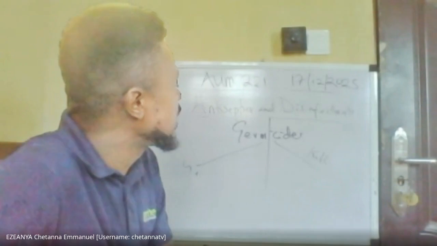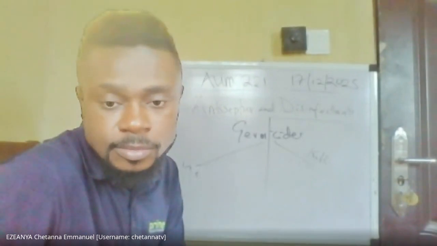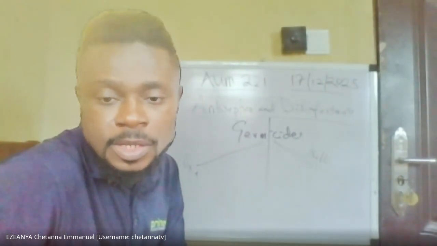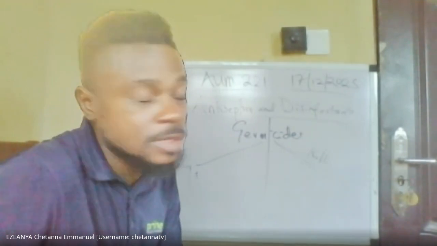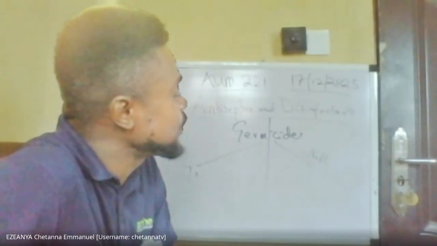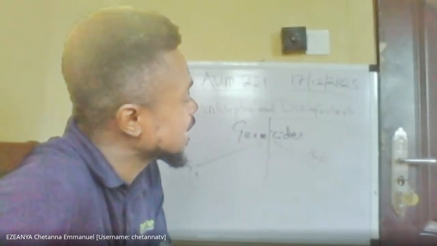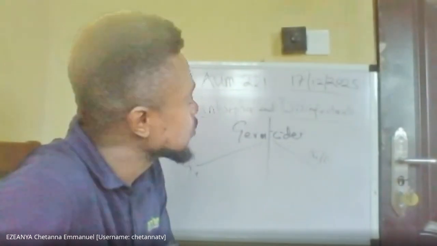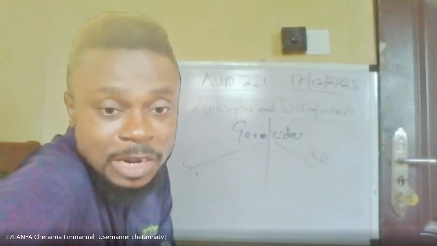So let's look at antiseptics. What are antiseptics? If you're not careful, you will think that they are the same thing. Yes, both of them are germicides, but they are not exactly the same thing. Their difference is mainly based on how they are used and what they are used for.